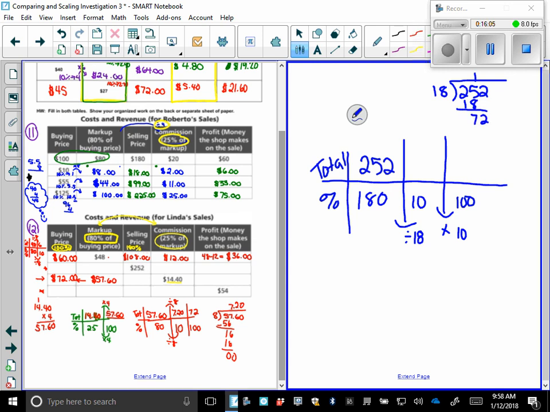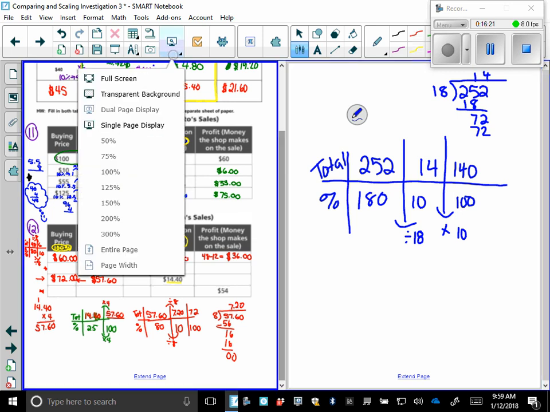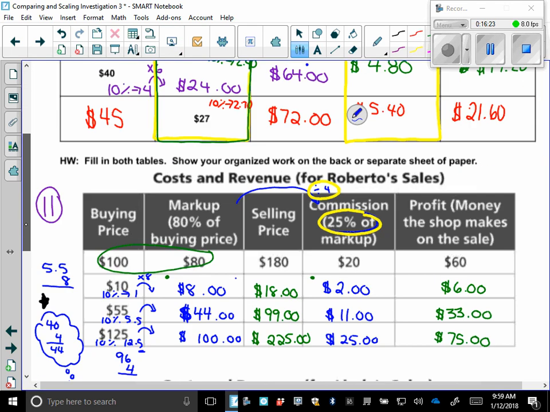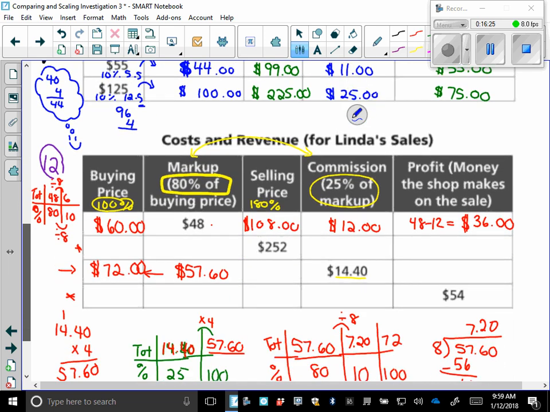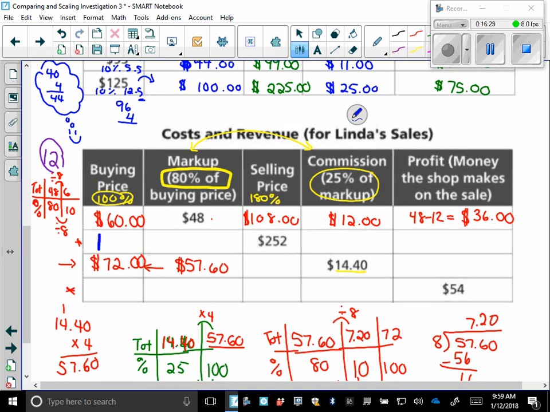So 18 times 4 is 72. So this is 14, so this is 140. And so over here, we get 140.